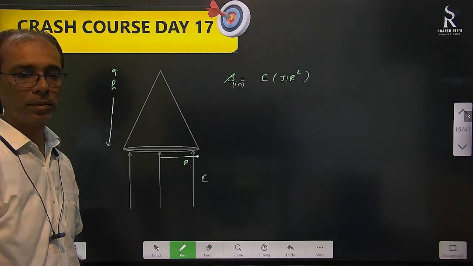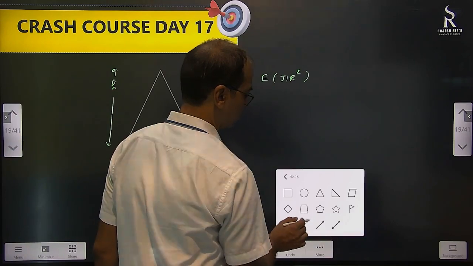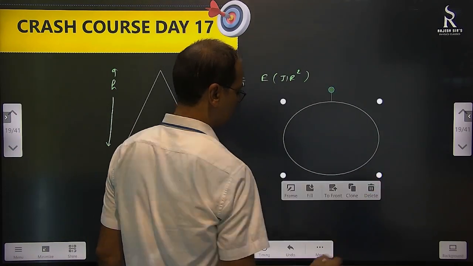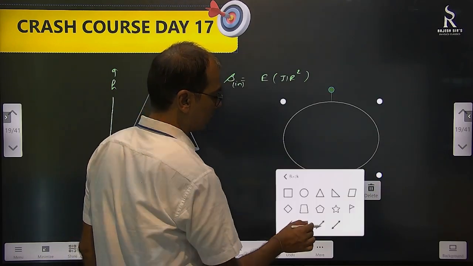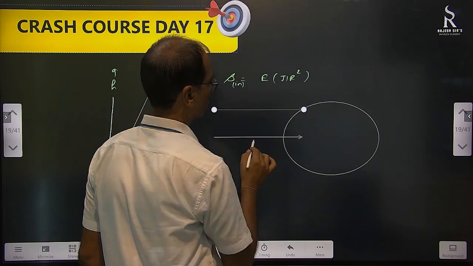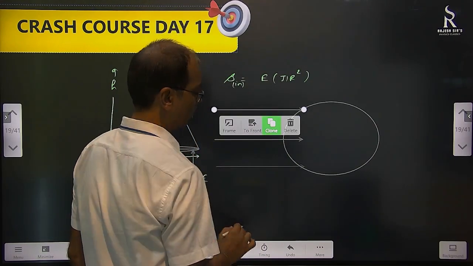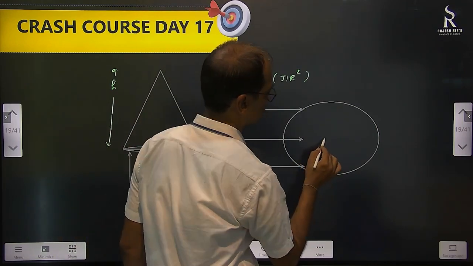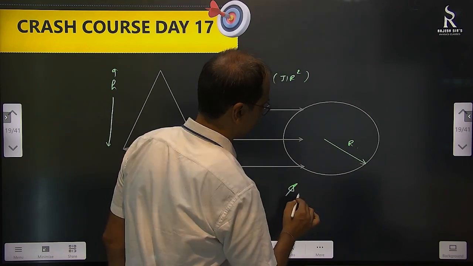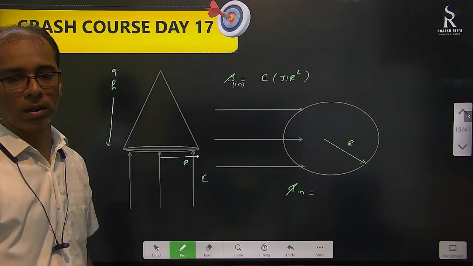Correct? This is the flux. Same way, if suppose we take one sphere, and we make the electric field like this. This is how the electric field is. Its radius is also r. Then what is the flux which is going inside? Again, E into pi r square.